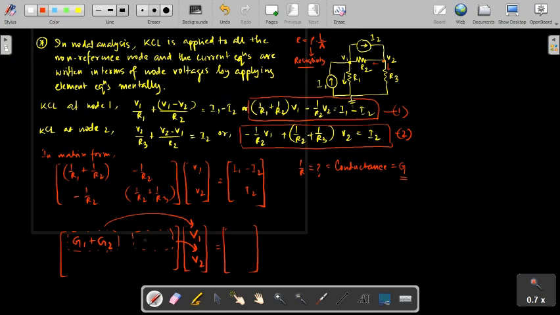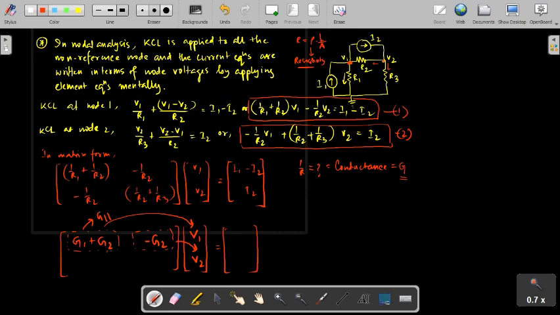This one is minus G2. Now this portion: the summation of the conductances of whatever resistances are connected directly with the node is the element present in this portion. This is the G11 portion.